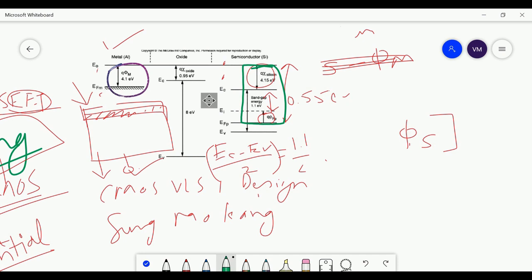So the work function of silicon can be calculated as 4.15, that is the electron affinity, plus the intrinsic Fermi level, that is EI, and the Fermi potential, that is 0.2 electron volt.